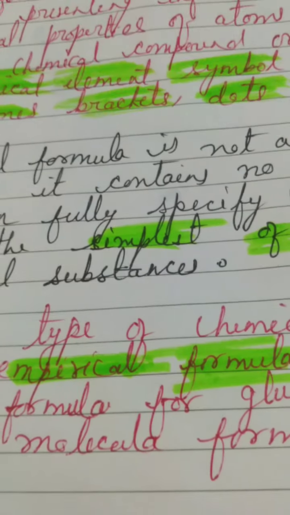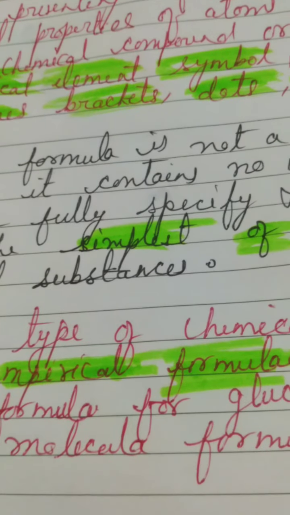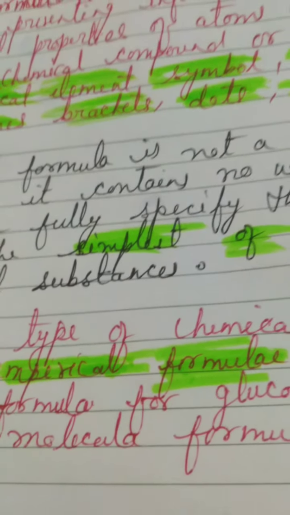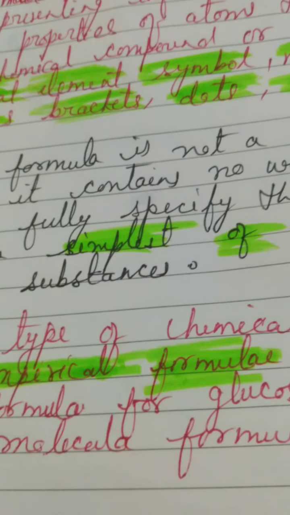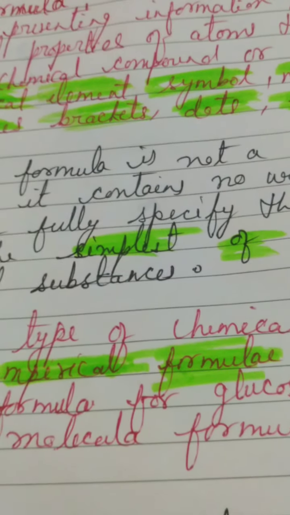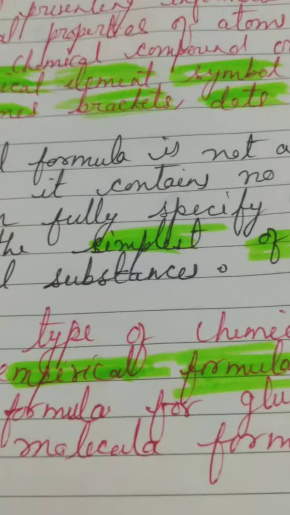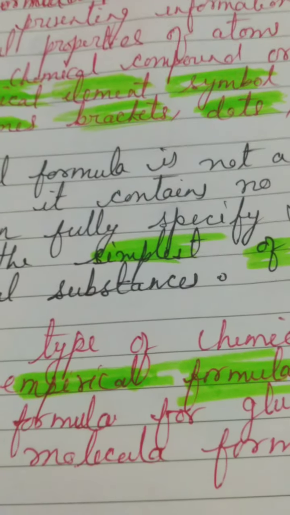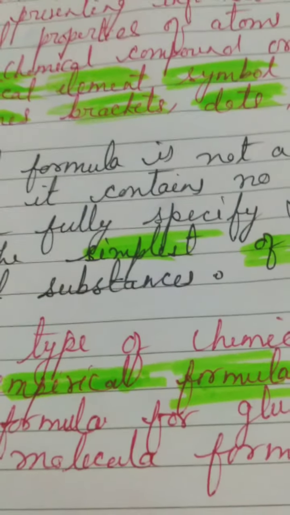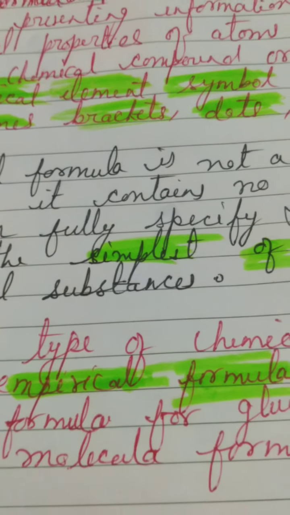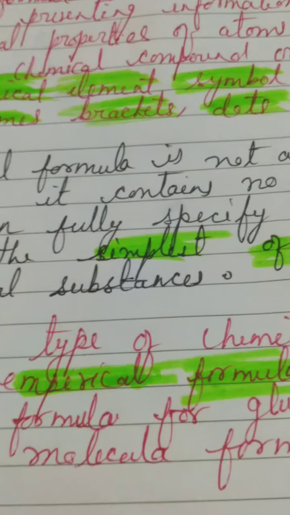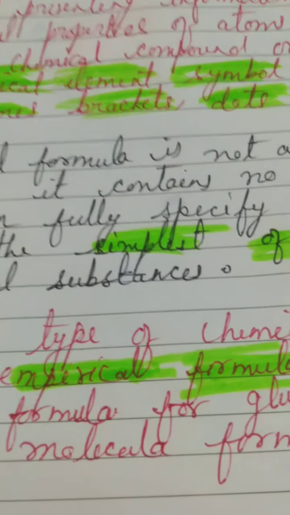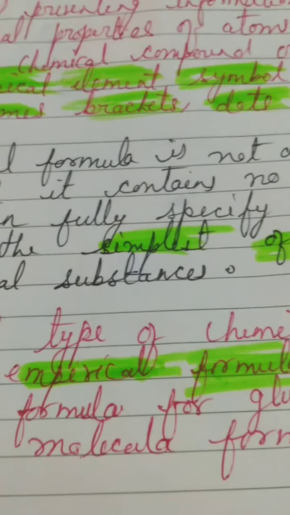But H2O is the formula, and hydrogen oxide is the chemical name. If I ask what is the formula of water, you will simply say H2O, and I will get my answer. That's the right way to say the chemical formula: only speak the symbols and the number of atoms of each symbol.